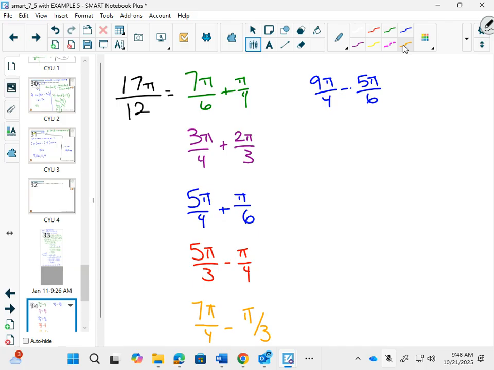What do all 6 of those have that's the same? All of them have the pi over 4. All of them have a pi over 4 somewhere.